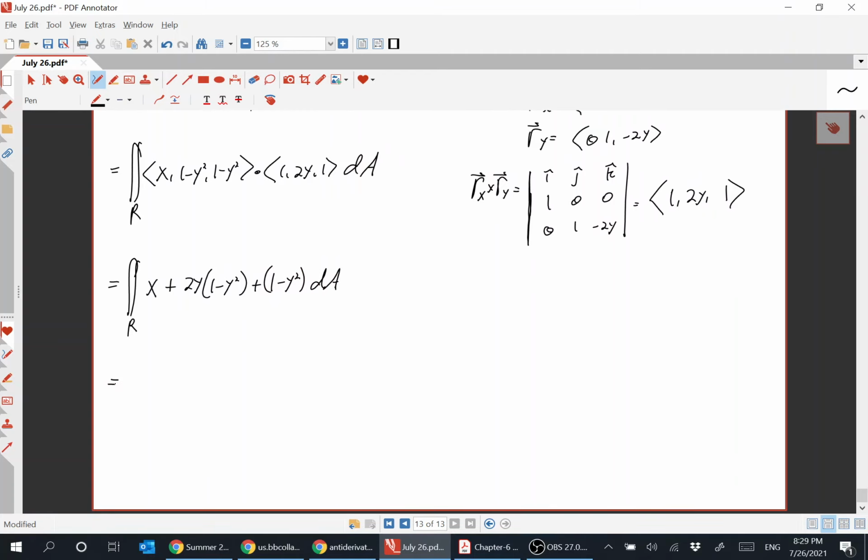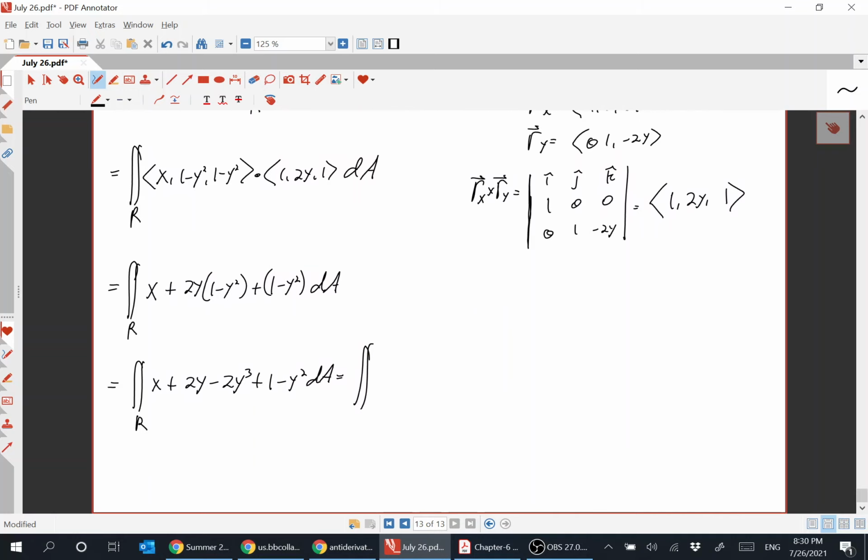So this is equal to the double integral over R of x plus 2y minus 2y to the third plus 1 minus y squared dA. So let's iterate. x goes from 0 to 2, y goes from 0 to 1. So x minus 2y to the third minus y squared plus 2y plus 1, let's do dx dy.